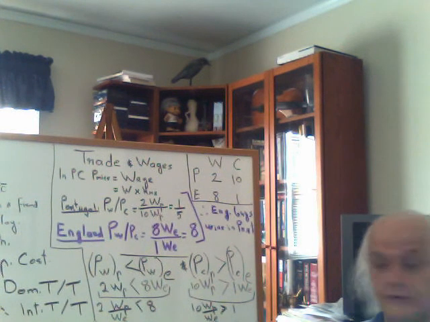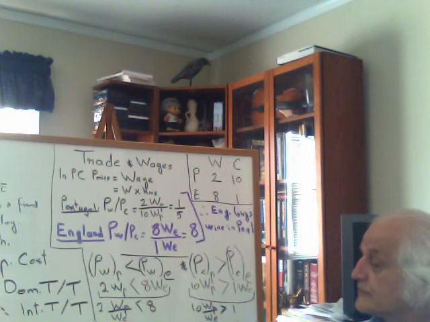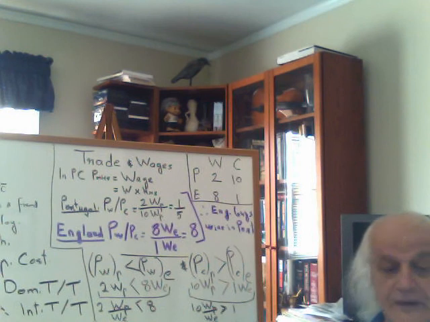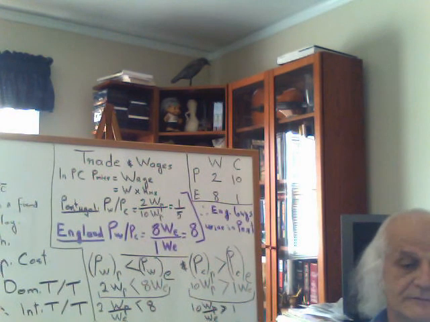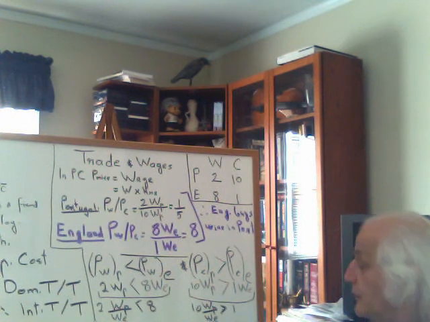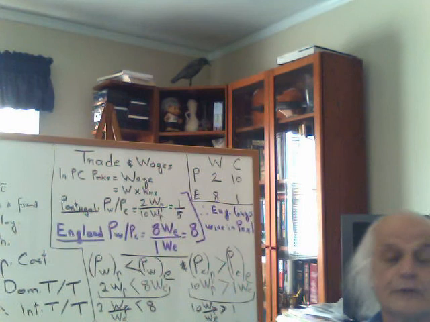So what's the conclusion then? The conclusion is that the wage rate in Portugal over the wage rate in England must be less than 4 times. That is one limit. On the other hand, it must be greater than 1/10.